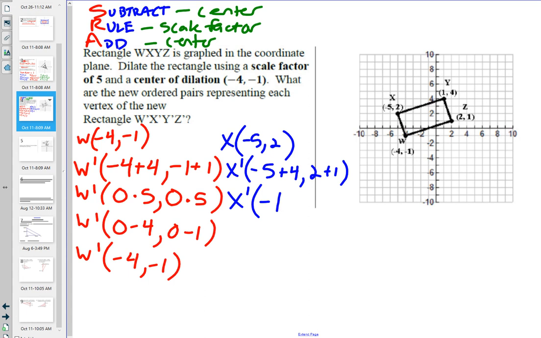So for my x's, I end up with negative 1. I'll go ahead and apply the scale factor now, so that's times 5. And then here I get 3 times 5. So for the x's, I end up with negative 5. But then I have to now add the center back. So it'll be negative 5 minus 4.